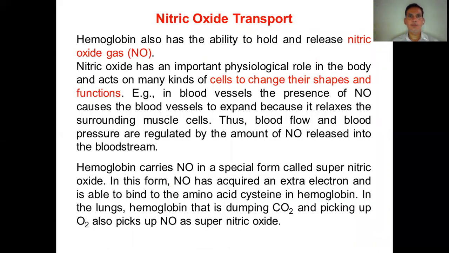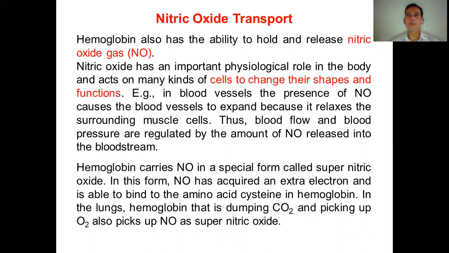So there's also another gas which is called nitric oxide. Hemoglobin also has the ability to hold and release nitric oxide gas, and this gas has very important functions. It is usually a muscle relaxant. The different kinds of blood vessels are relaxed by the presence of nitric oxide.